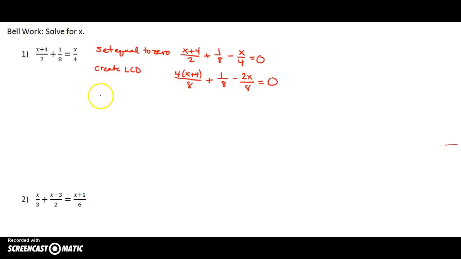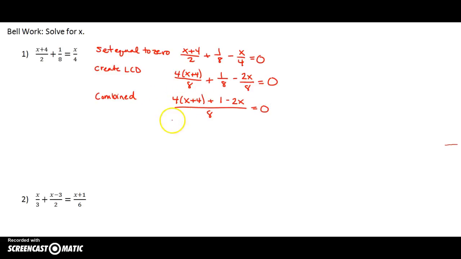Now that we have a common denominator, we're going to combine all of our fractions. So we have 4 times x plus 4, plus the 1 minus the 2x, all over our common denominator of 8, still equals 0.